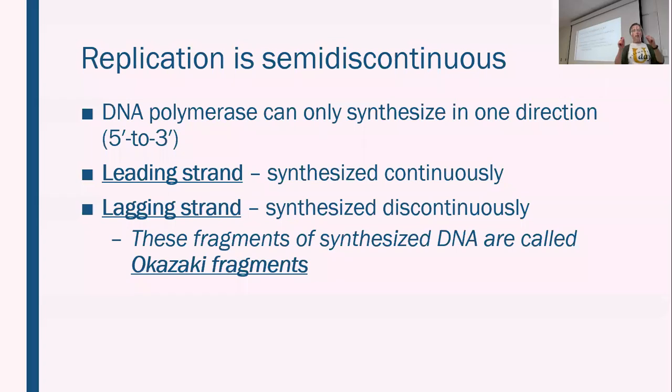Okay. Now, if we remember what DNA looks like, it's 2 strands of DNA, actually coiled together into this double helix. And they're anti-parallel. So this strand is coiled and it's got its 5' end here and its 3' end here.